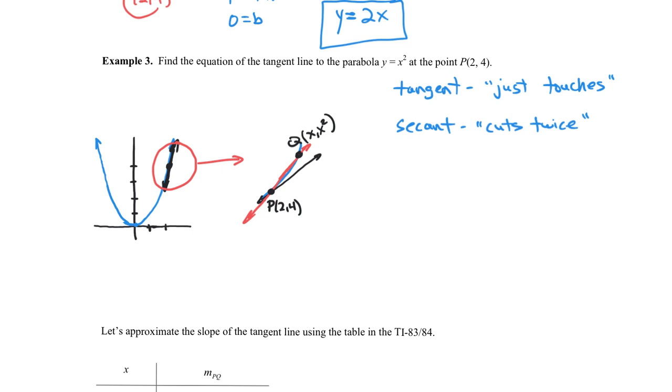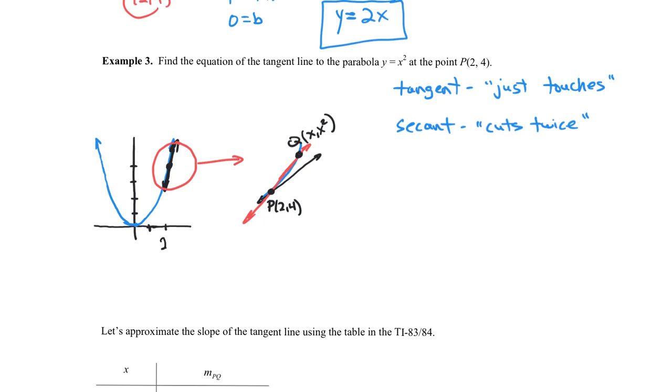Now the slope of this red line is not really the slope that we're looking for. So what we're going to do is slide this point Q down the curve until it's closer and closer to this point P. It's really difficult to see here, but the x-coordinate is going to approach 2.